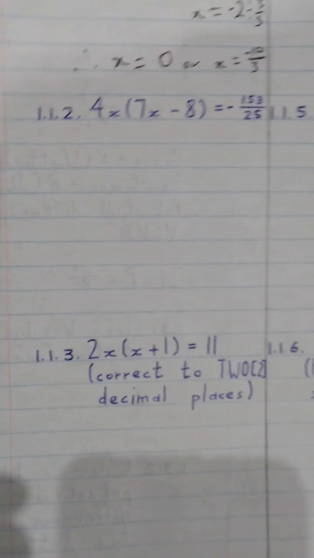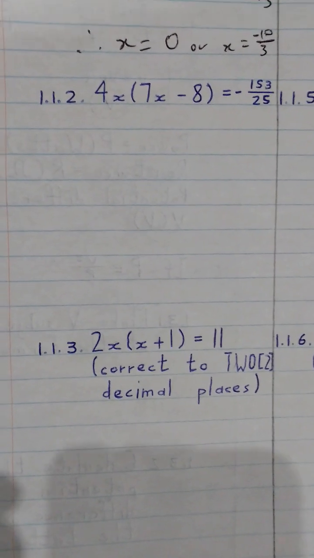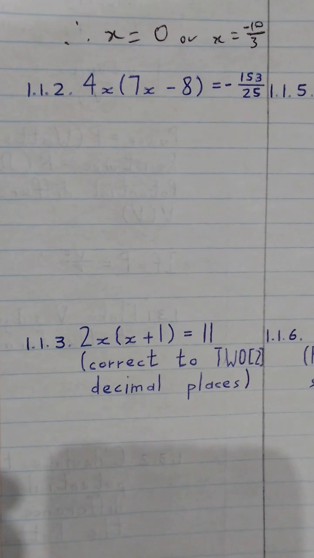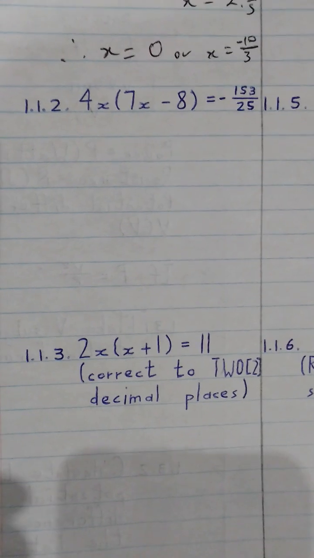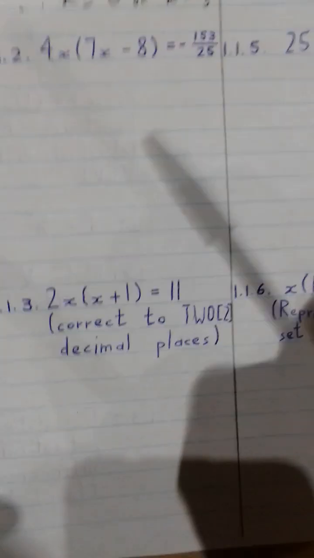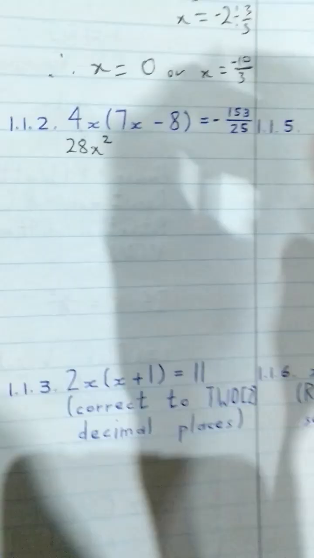Okay, 1.1.2 we have 4x open bracket 7x minus 8 close bracket is equal to negative 153 over 25. So we expand and then we bring this to the other side. 4x times 7x, 4 times 7 is 28, x times x is x squared.